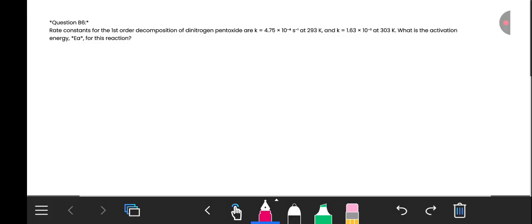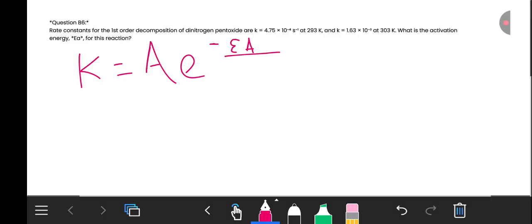So with the Arrhenius equation we can see that the rate constant k is given by A multiplied by e to the power negative activation energy over RT.